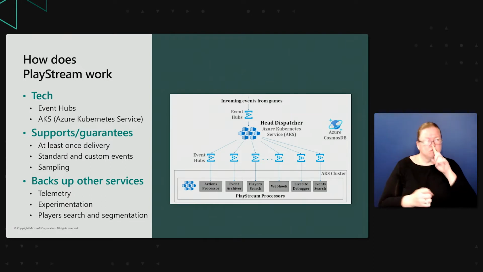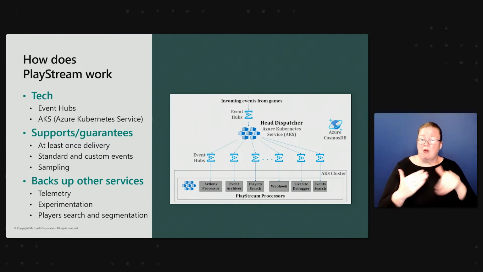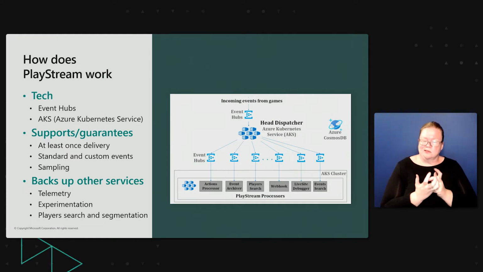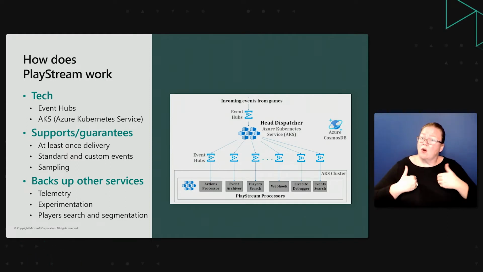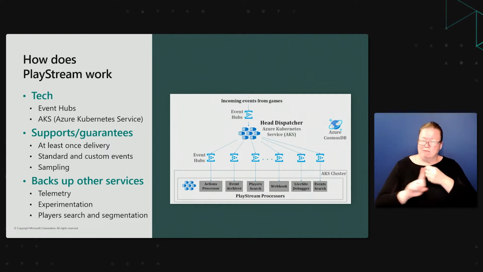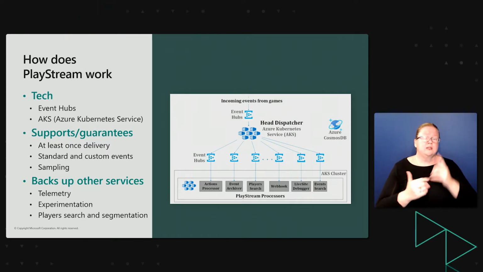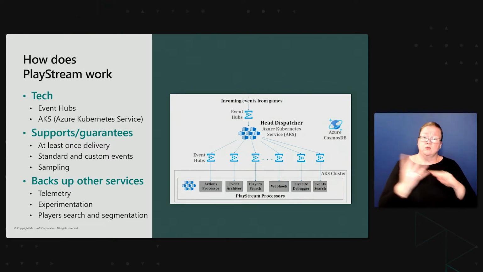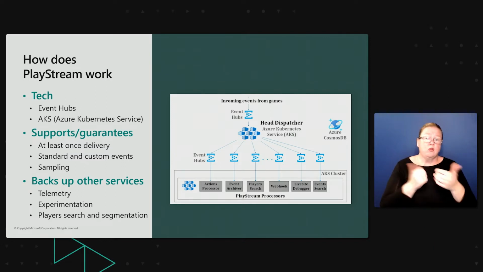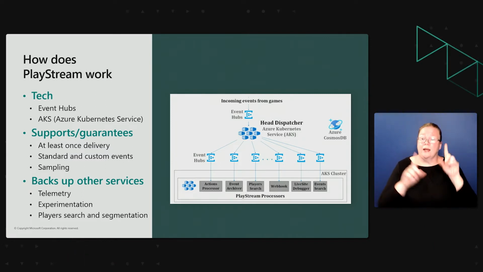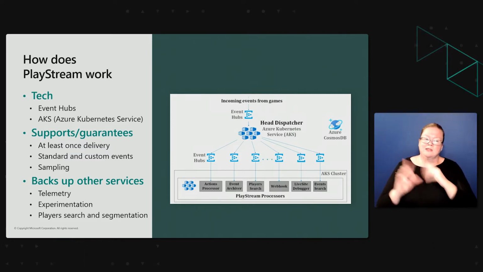PlayStream guarantees at least once delivery for all your events, and we support standard and custom events. Another offering that we have is sampling, which we will expand on later, and that lets you have better control over your cost for ingestion. PlayStream also backs up other services like telemetry, experimentation, player search, and segmentation.